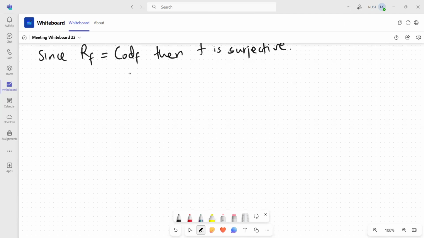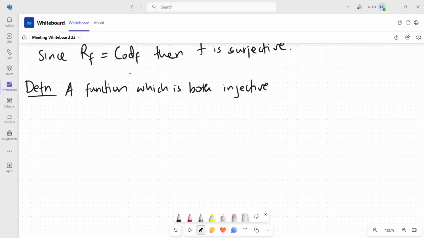Okay, and then another thing to take note of, the definition, is that a function which is both injective and surjective is said to be bijective.